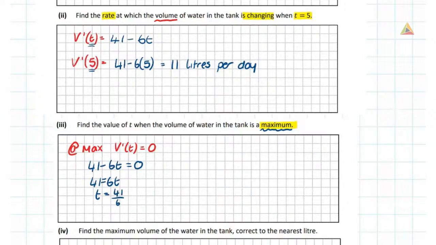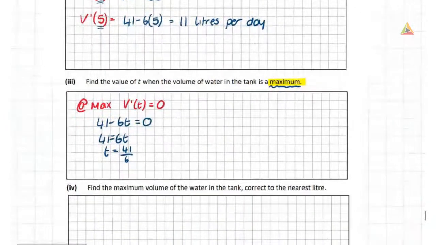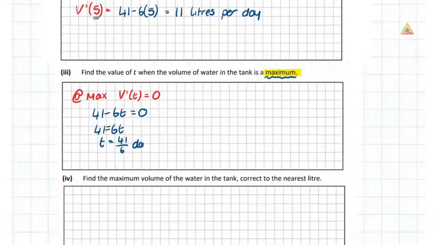And I'm just going to leave it as a fraction here. And of course, because it's time, in this case, it's time in days. Now, just to double check, that could be a max, it could be a min. So just to verify that it is a maximum, we're going to do our second derivative test. So we're going to find our V double dash t, or our second derivative.